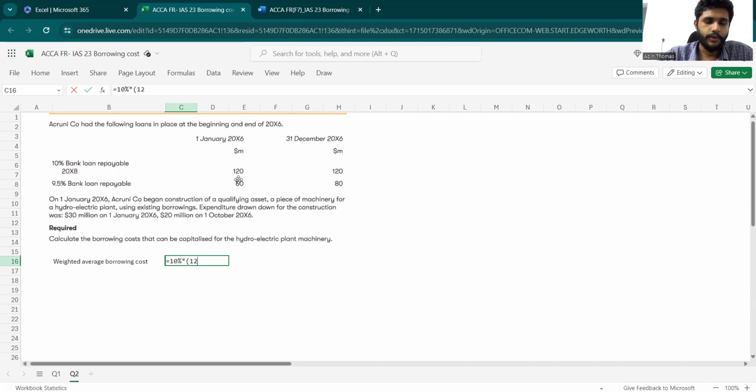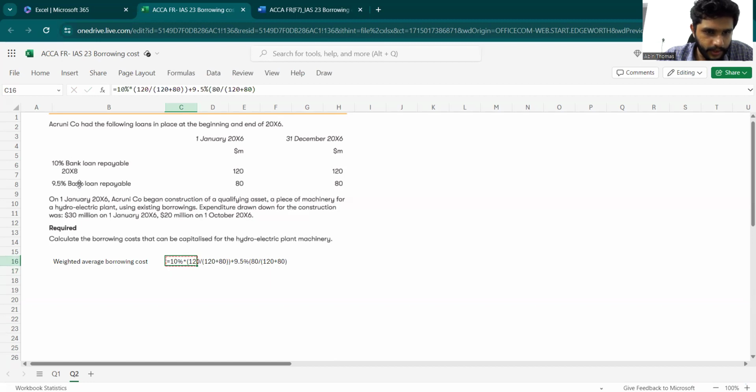That is 120 divided by 120 plus 80, plus we will have the second loan, that is 9.5% into 80 divided by 120 plus 80.